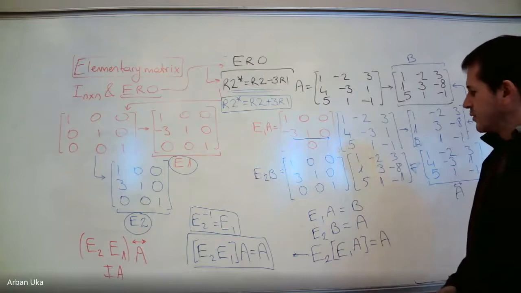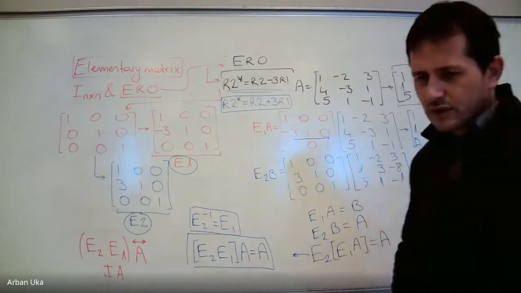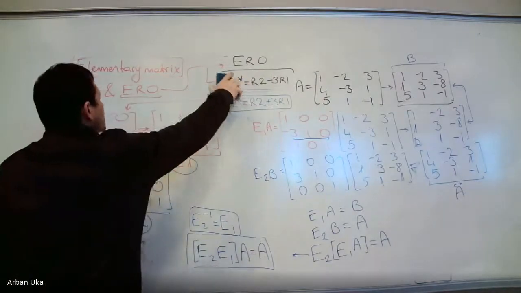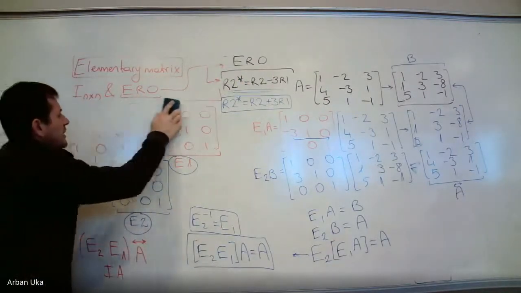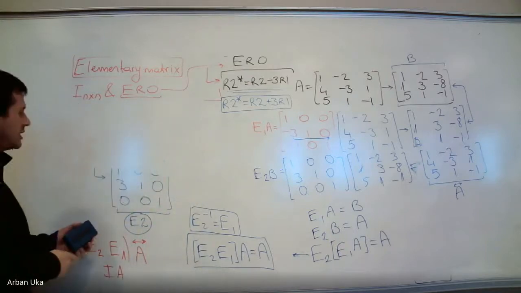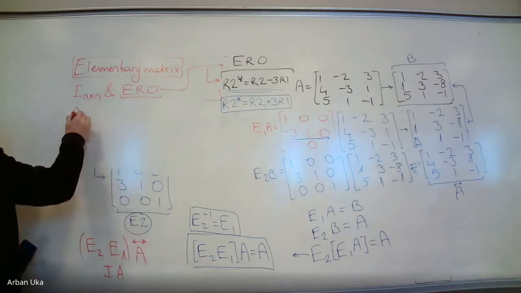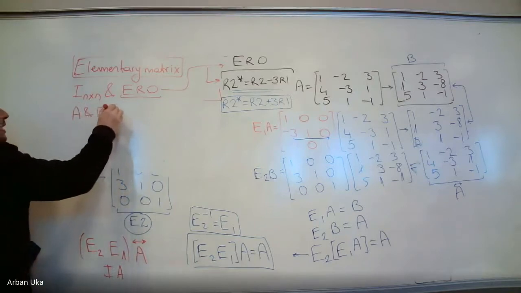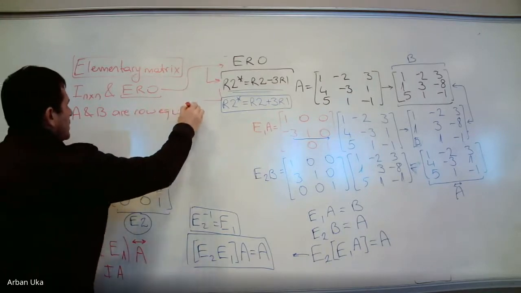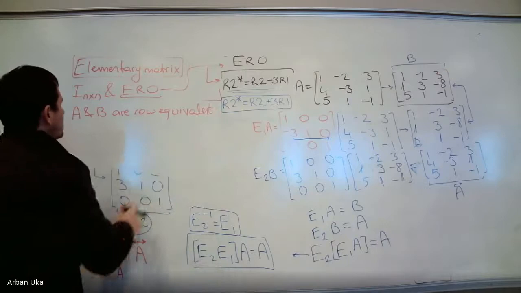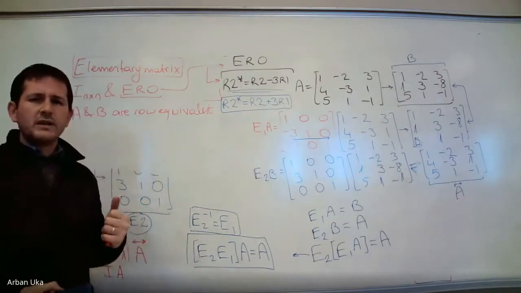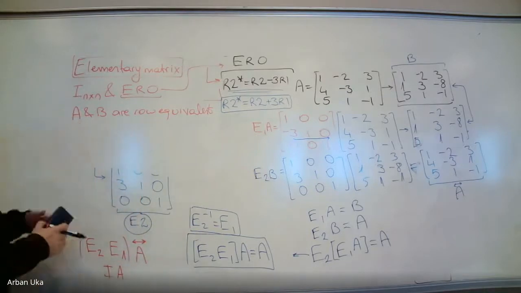Now, one other thing that we can add here, which is very important, which you can write this down. We talk about elementary row operations, we talk about elementary matrices, and now we want to add a new definition, which we mention here for the first time, is that we can say that A and B are row equivalent. So A and B, they are row equivalent because B is found from A by applying an elementary matrix.